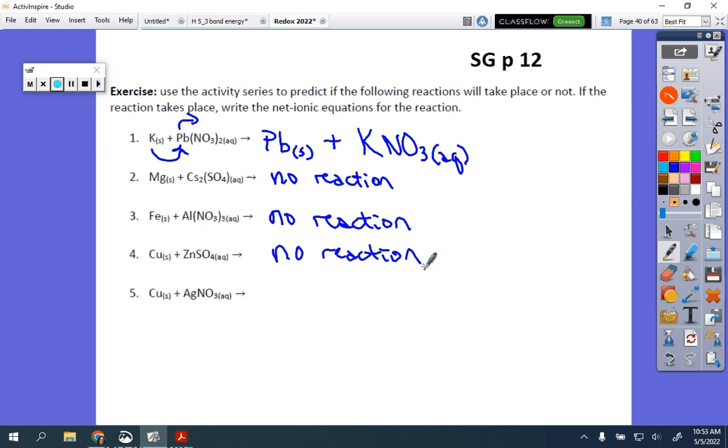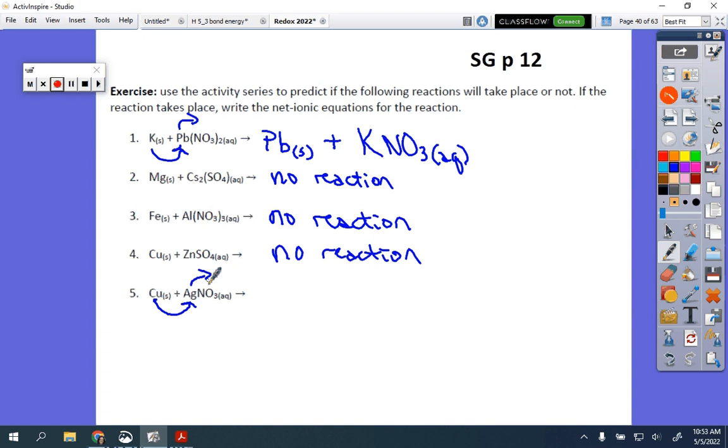The last one, though, you will have a reaction because silver is just below copper on the series. So our copper is going to come in and kick out the silver. And then this is where there are multiple possible answers to number 5.